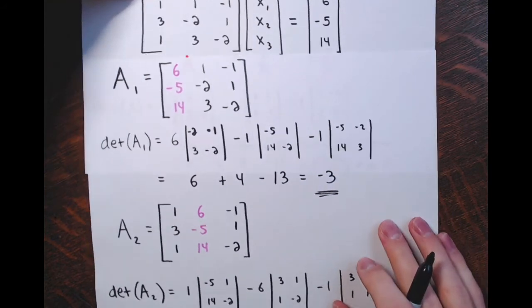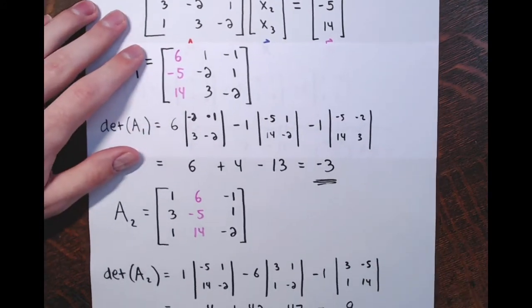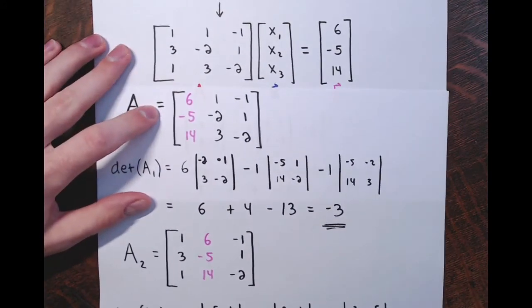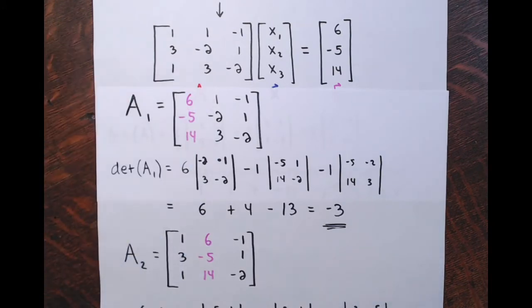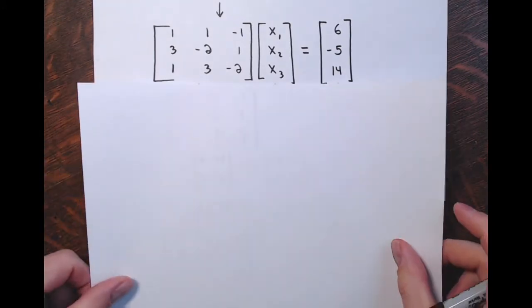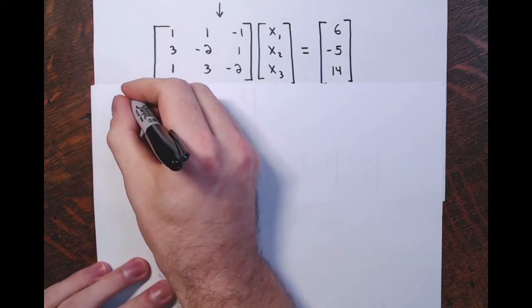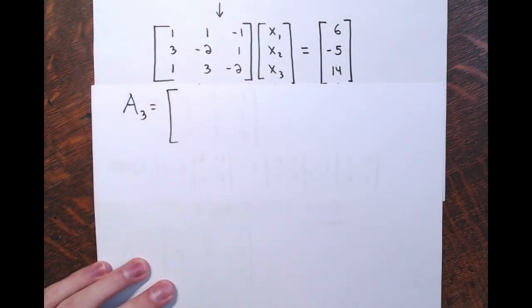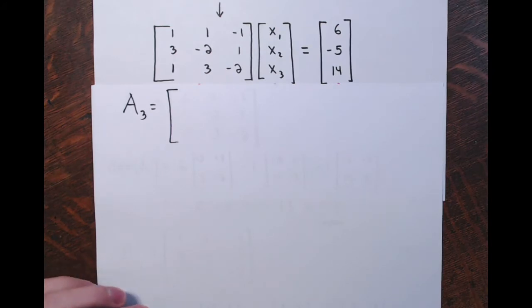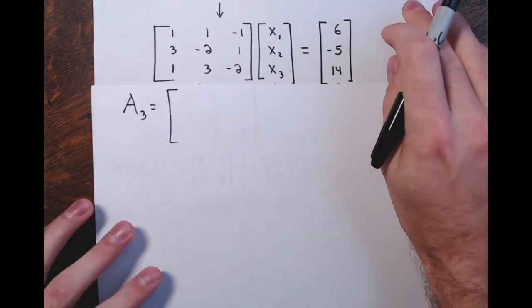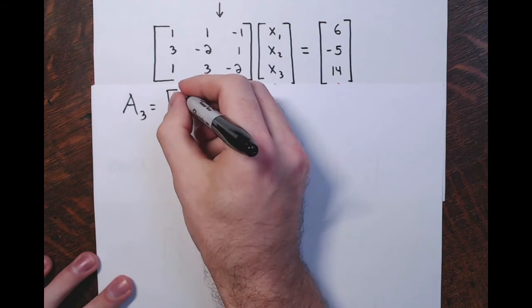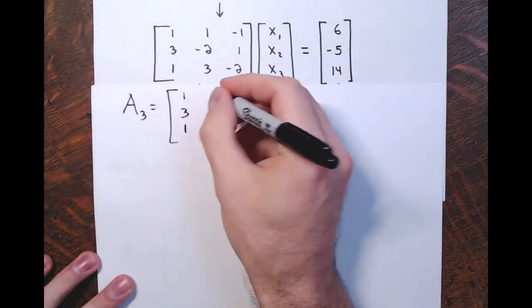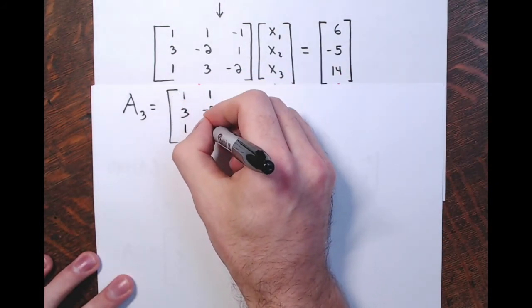All right, so again, here's the coefficient matrix up top here, and I'm going to create the third matrix, A3. So A3, now remember this is just the coefficient matrix with that third column replaced by the constant column 6, -5, 4. So the first two columns stay the same, 1, 3, 1, 1, -2, 3.